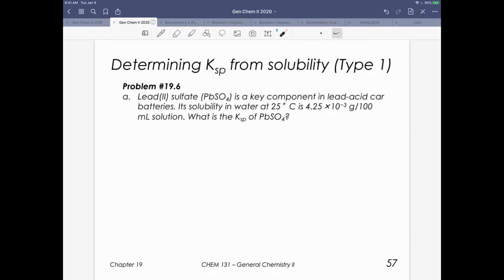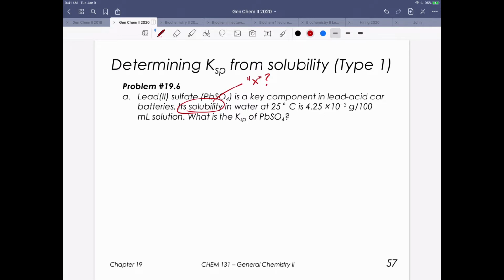So just to highlight a couple of hints and tips that are important and unique to this kind of problem. When the problem is asking about solubility, what they're really asking for is what is x? What is the value of x from an ICE table? So knowing that, if they tell us the solubility in water, think about how that could help us solve this problem.